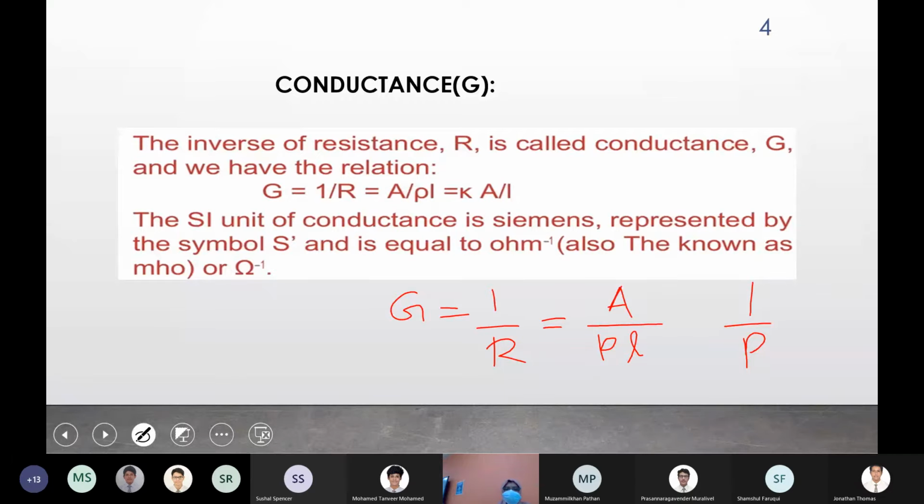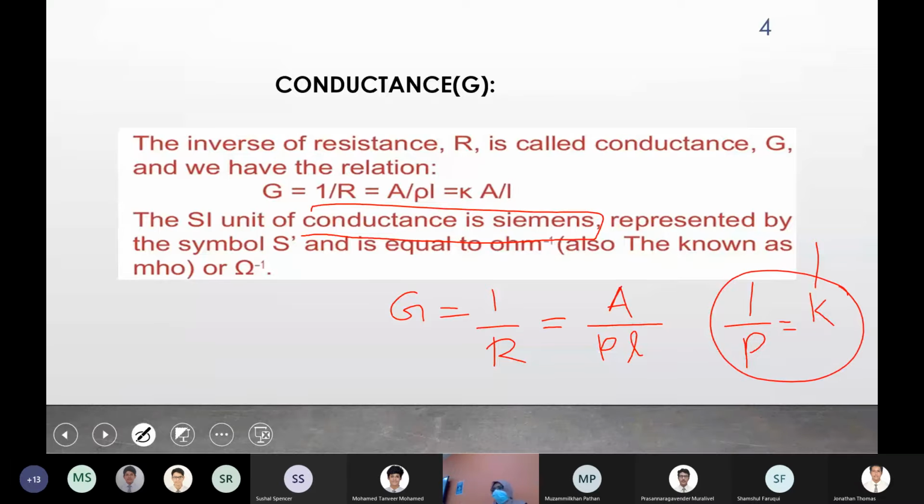The conductance is G, and 1 by rho is known as conductivity, that is K. This is what is important for us, K, the conductivity, which is coming in the next slide. Here you should know what conductance is.